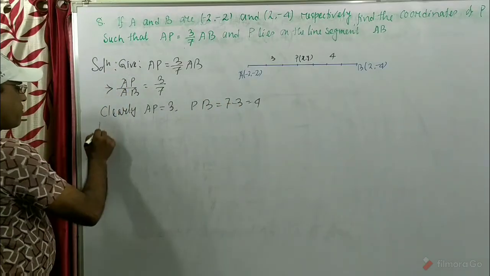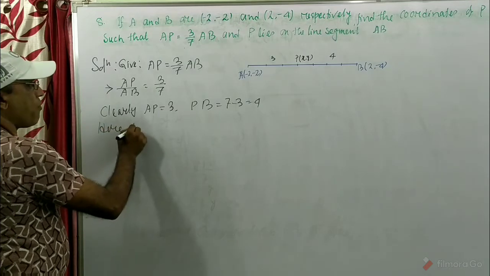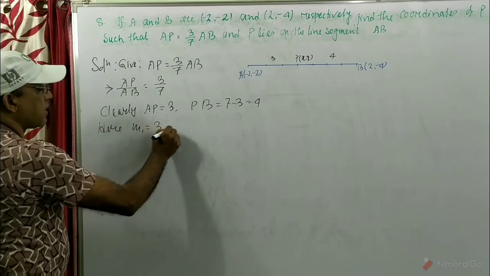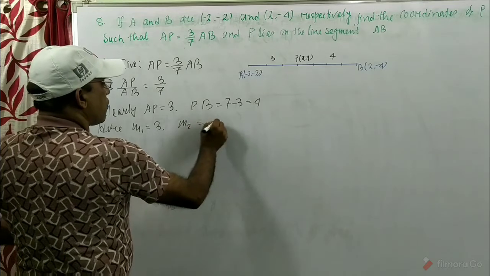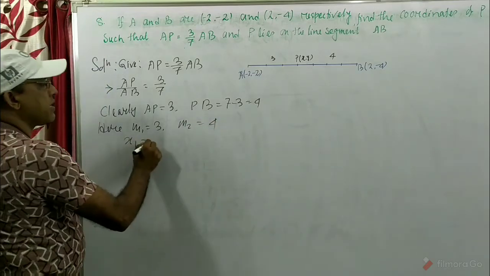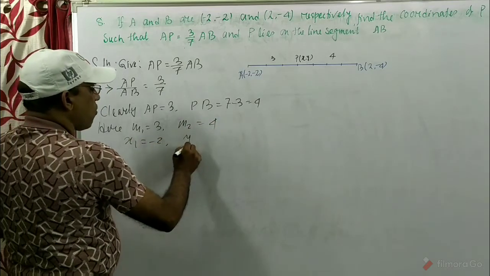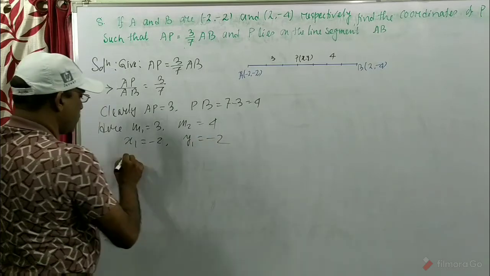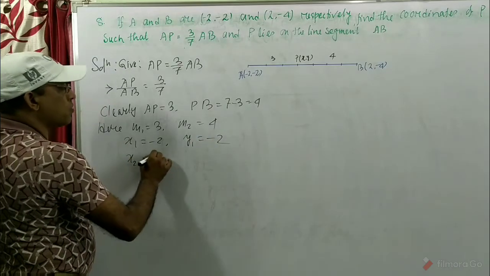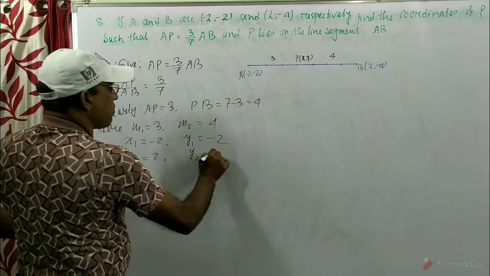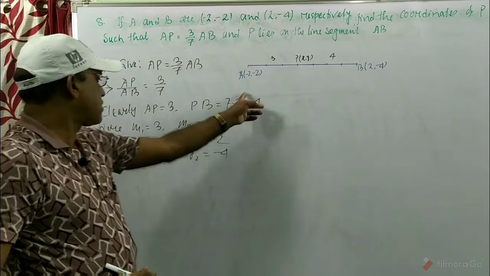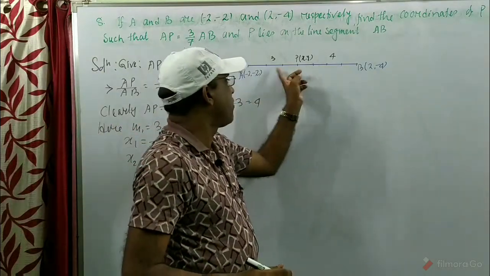So here we get m1 = 3, m2 = 4, x1 = -2, y1 = -2, x2 = 2, y2 = -4. This is x1, y1, x2, y2, and this is m1, m2.